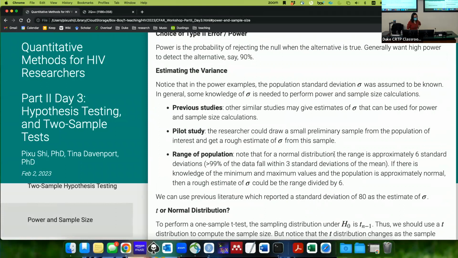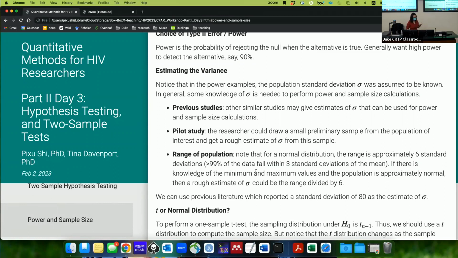And also, in some situations, you have something that you want to measure that's actually already surveyed in the population. For example, you know the range of this value in the population. Then you can infer the variance estimate by dividing the range by 6.